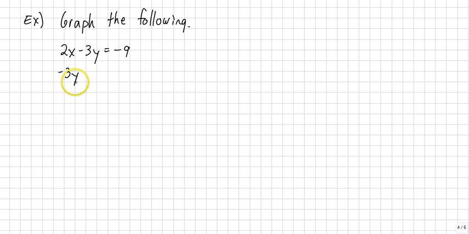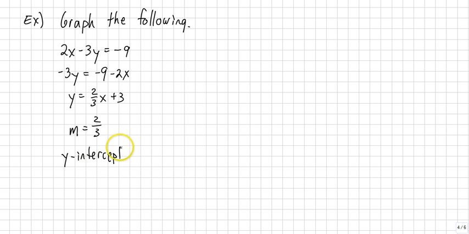So let's move 2x over to the other side, and then divide by negative 3, and we get y equals 2/3 x plus 3. So we've solved for y. The number in front of x is the slope. So our slope is 2/3, and then the constant is the y-intercept.